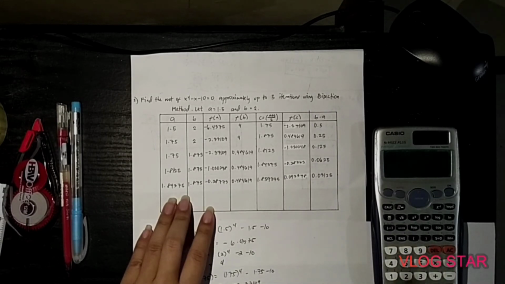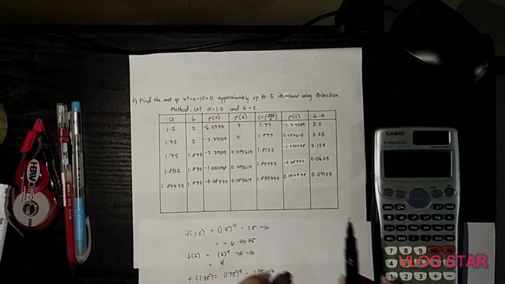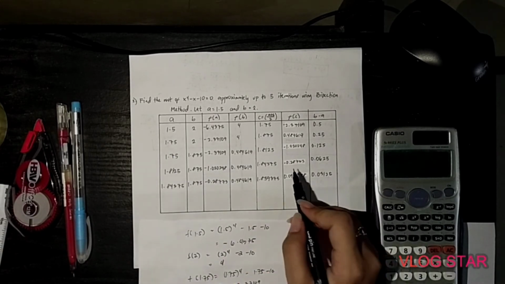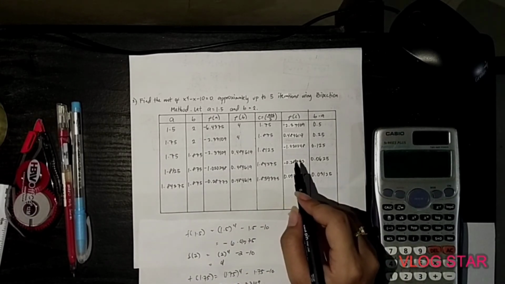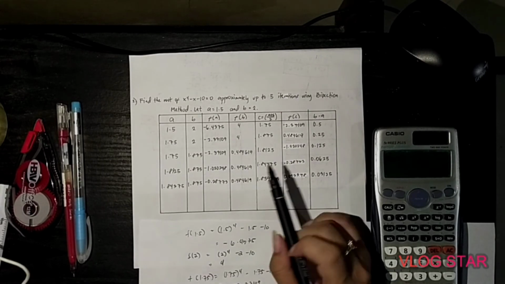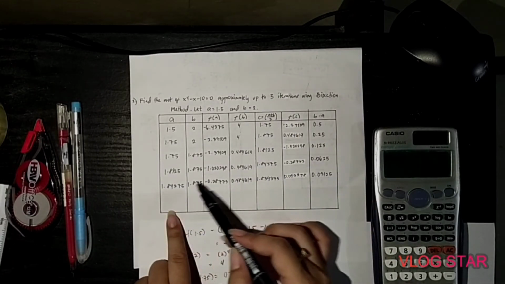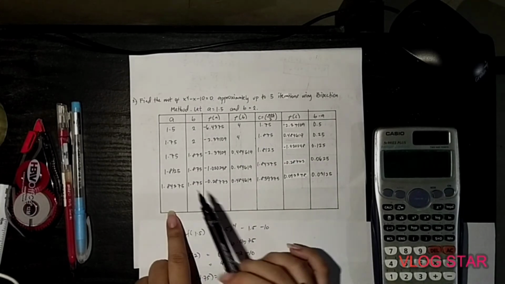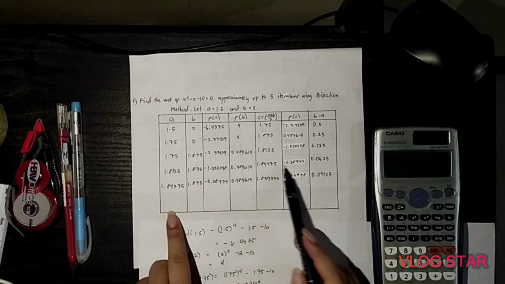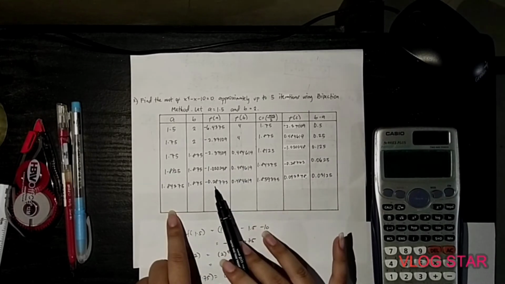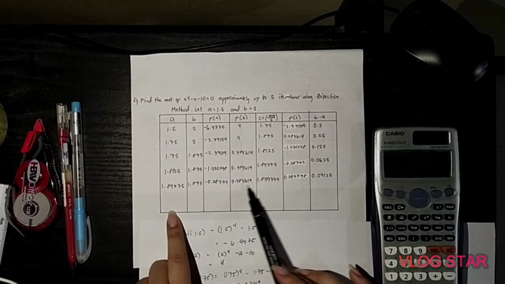So again, we are in the fourth iteration and the value of f of c is negative. So a will change to the value of c now, and b will remain the same. So a will be the value of f of c here, this one, and b will remain the same.